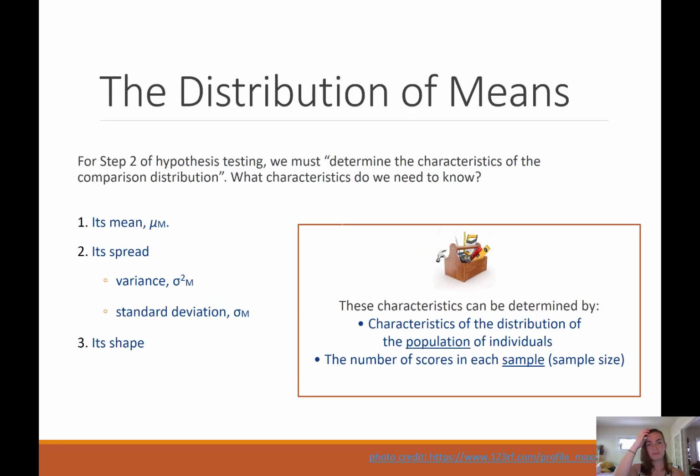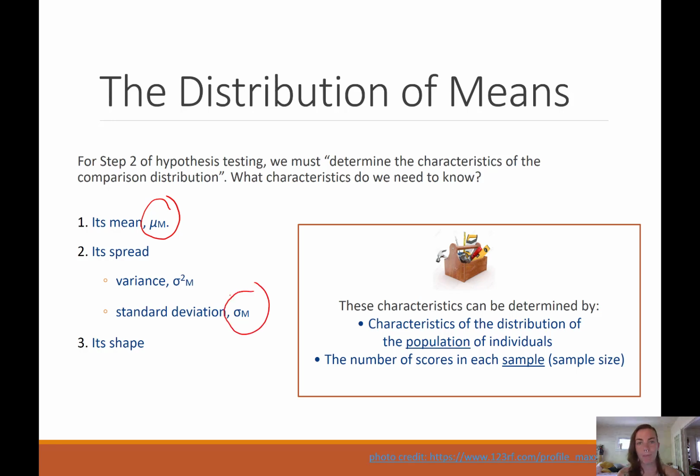So remember I said that this becomes important for step 2 of hypothesis testing. When we get to step 2 of hypothesis testing, the language in that step says, determine the characteristics of the comparison distribution. So in this step, we will need to figure out what is the value of mu sub m and what is the value of sigma sub m.